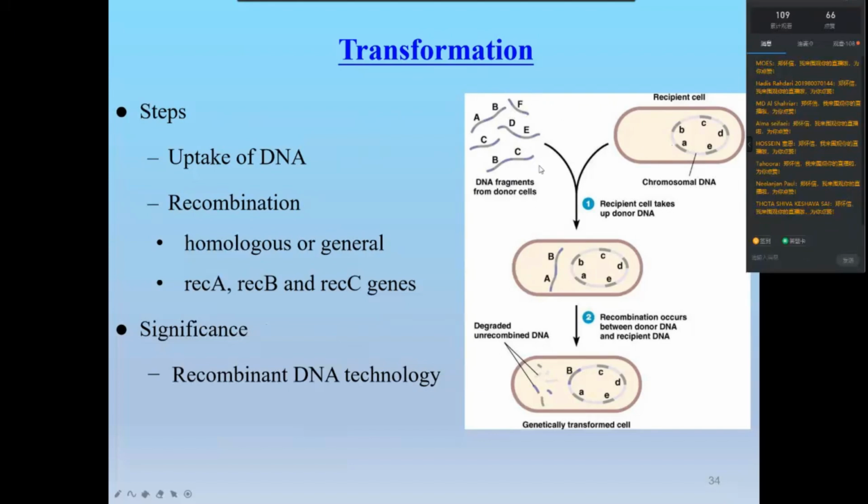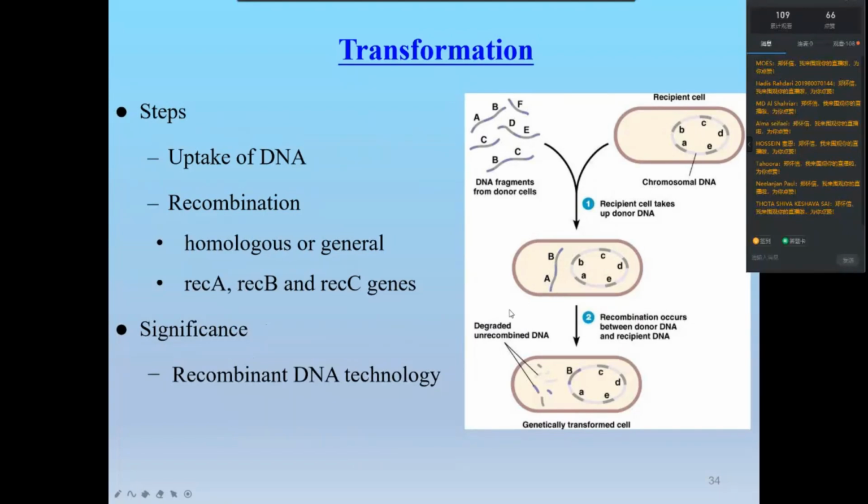These DNA fragments somehow are released by the donor cell. And when you mix them together, some DNA fragment can be taken up by this recipient cell and enters the cell. And this fragment carrying gene capital A and capital B gets into the recipient cell.